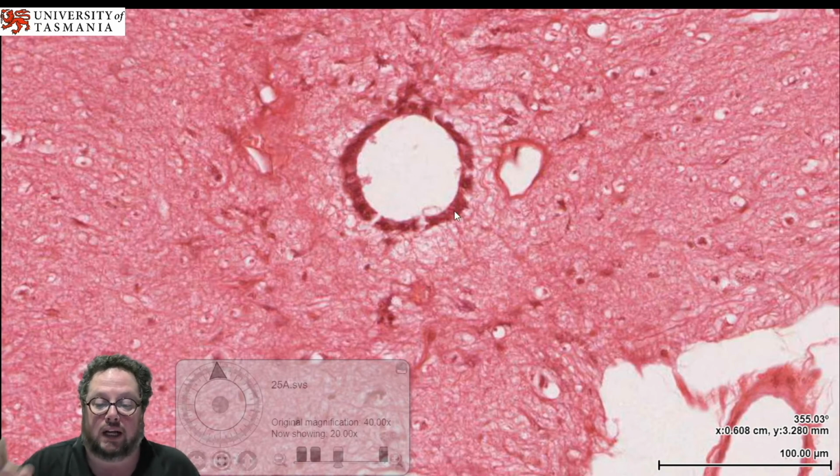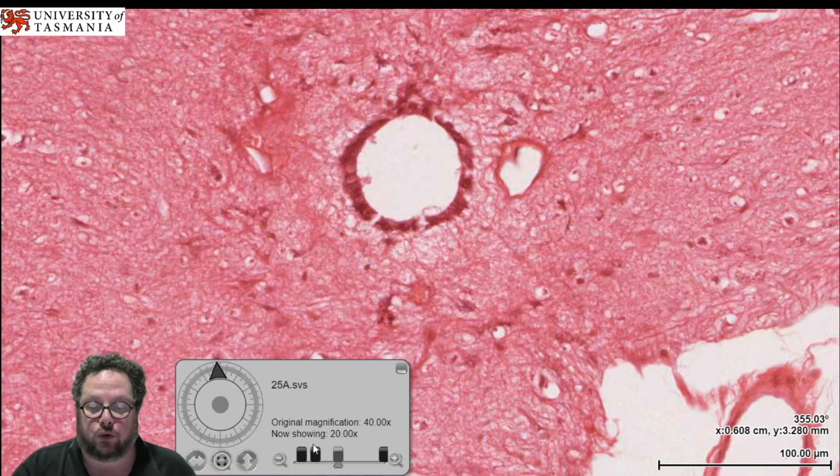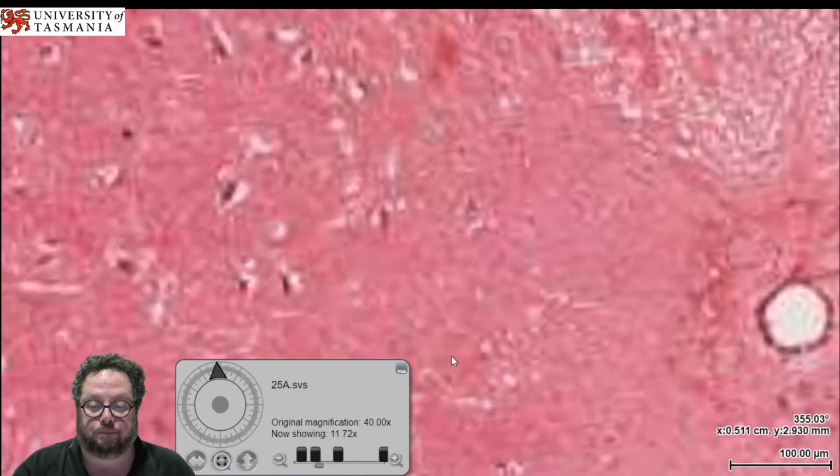They have a single cilium, not present and not visible here, which detects the flow of cerebrospinal fluid. So this space is filled with cerebrospinal fluid. So this is where we find the ependymal cells, that fourth glial cell type in the central nervous system.